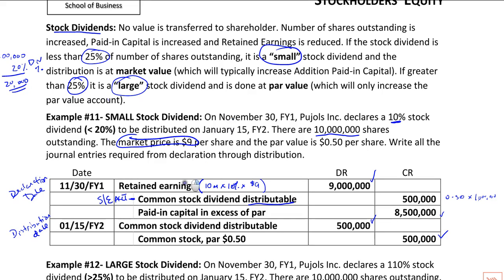The distributable cancels out, but we have a stock issuance. So in effect, total stockholders' equity doesn't change, and all we're doing is what's called capitalizing retained earnings. We're lowering retained earnings and we're increasing contributed capital.